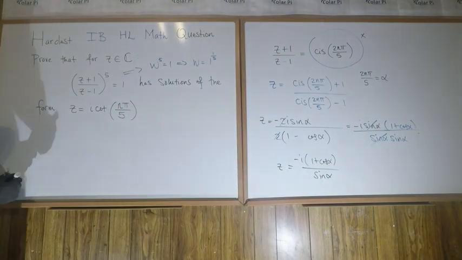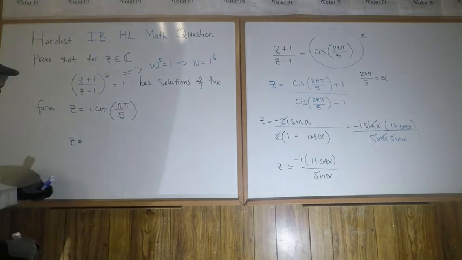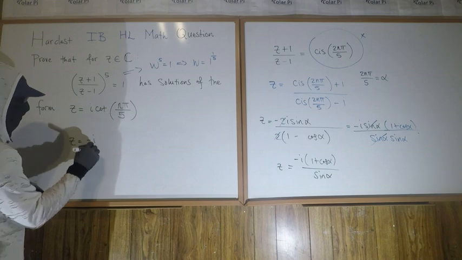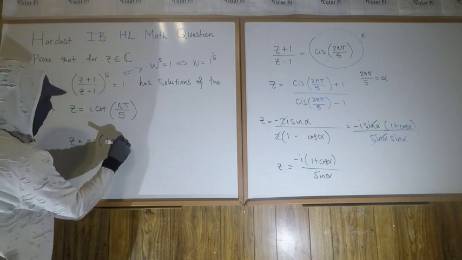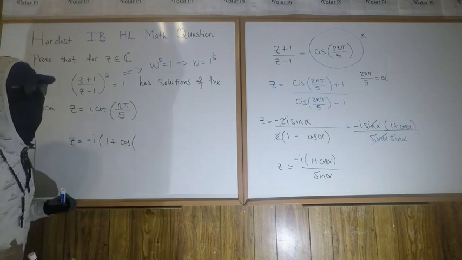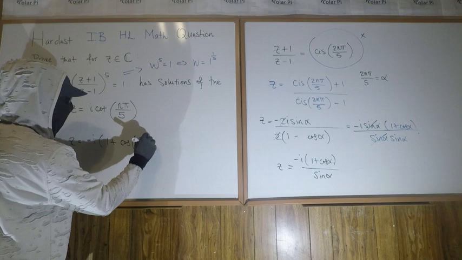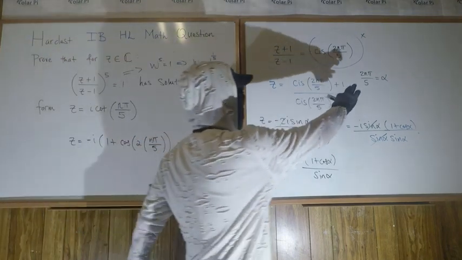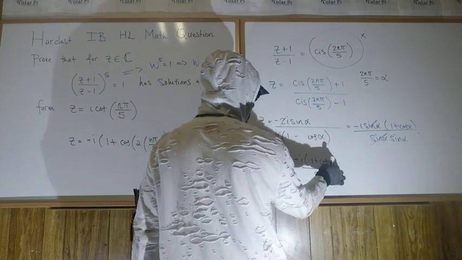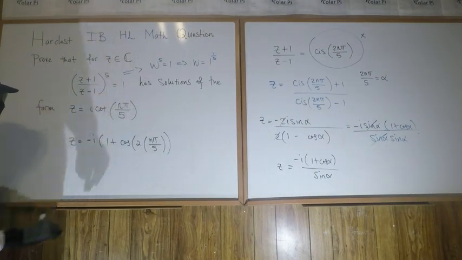So right now we have z is equal to minus I times 1 plus cosine. I'm going to replace alpha with what we know it is, 2 times n pi over 5. Now notice that this 2n pi over 5, which is our alpha there and there, is not the same as this. This does not have a 2. It's n pi over 5.